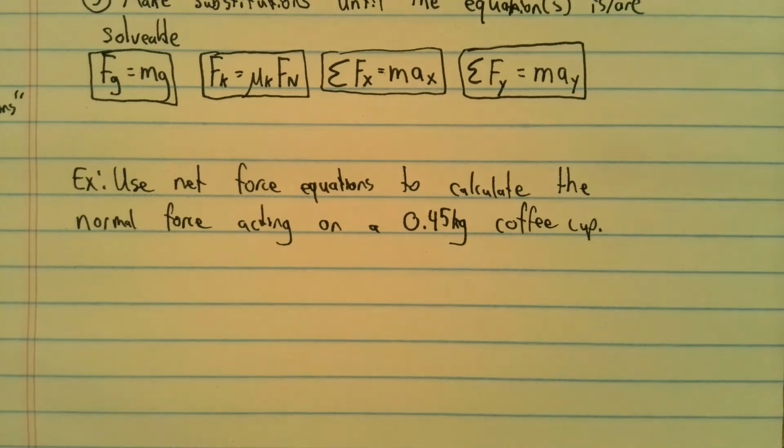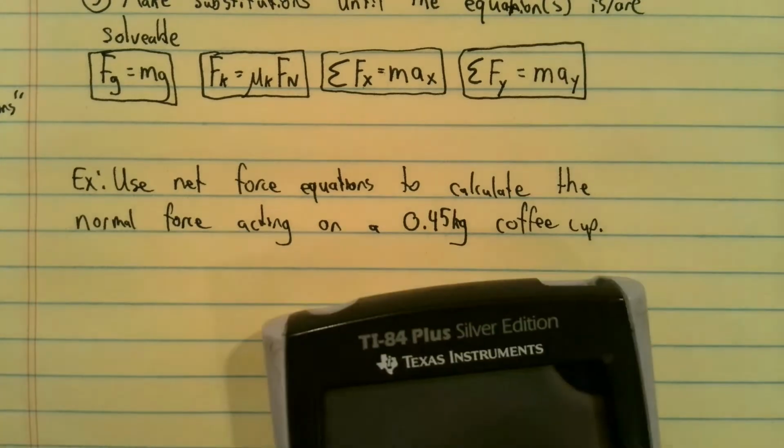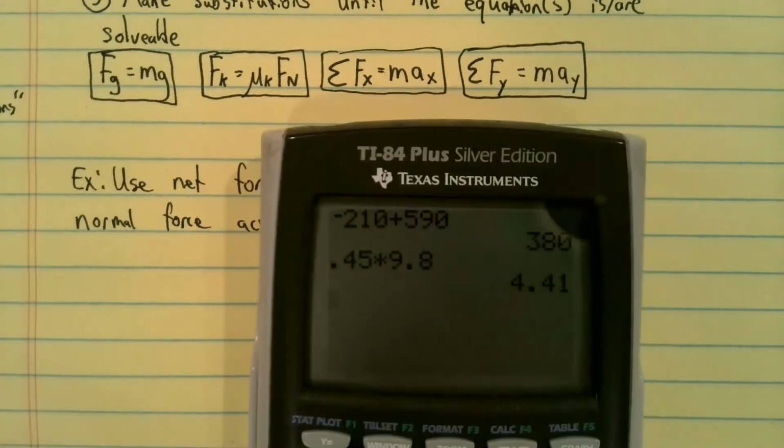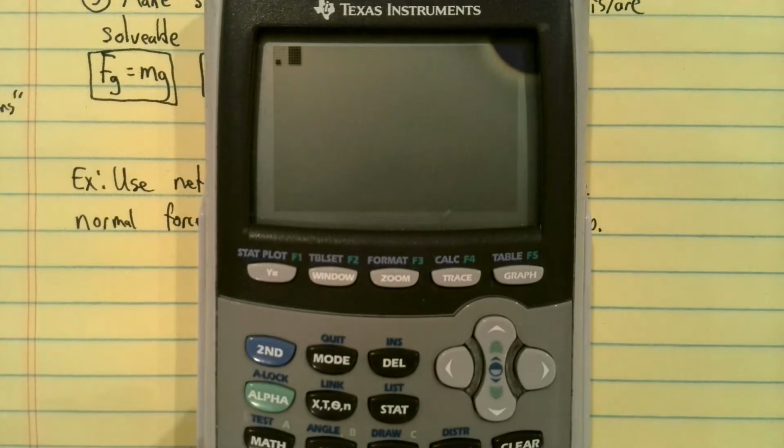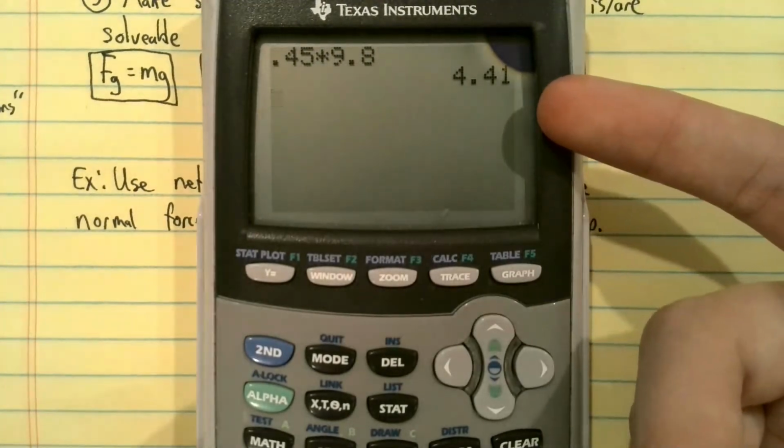What we learned last week is that usually normal force is equal to gravity. So the net force acting on this coffee cup is going to be 0.45 times 9.8. That's the gravitational force acting on the coffee cup.